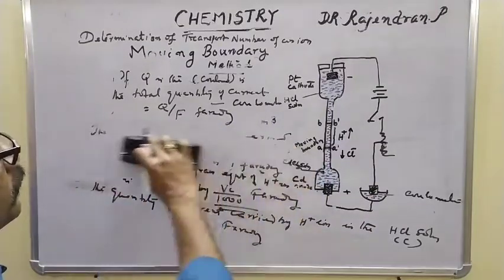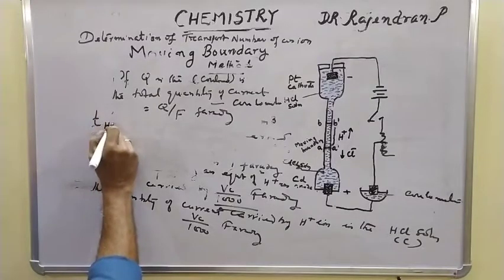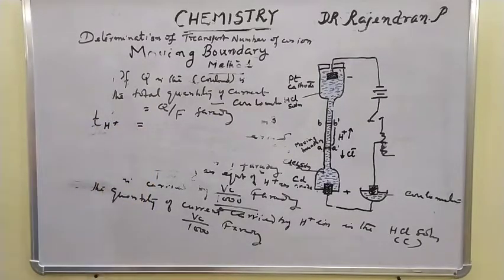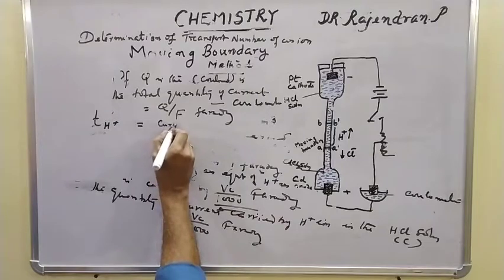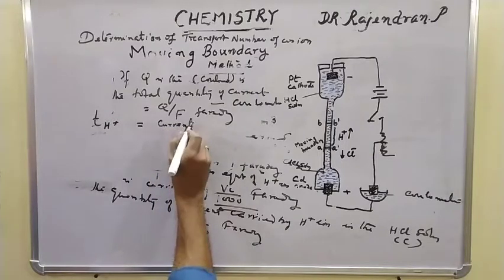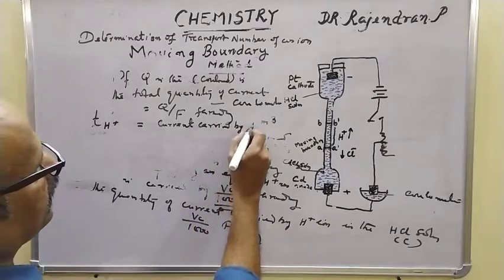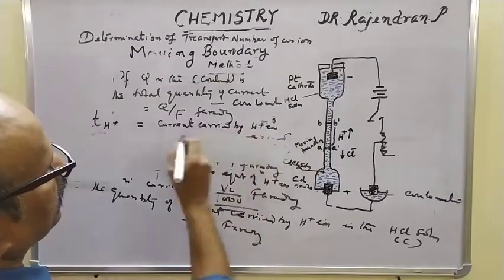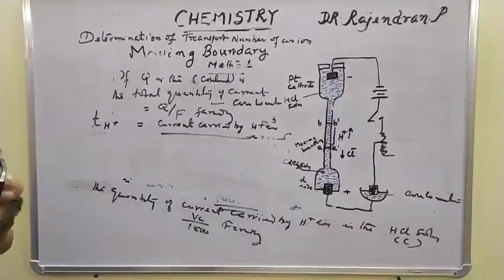Therefore, the transport number of H plus ion is the fraction of the total current carried by the H plus ion, that is, the current carried by H plus ion divided by the total current.